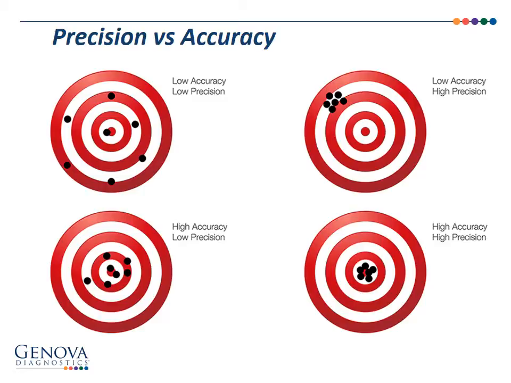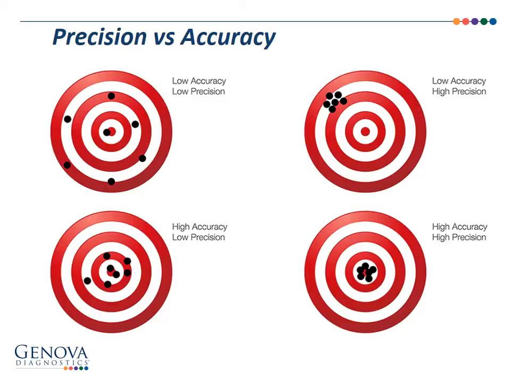But it's important to understand the difference between accuracy and precision because they mean very different things when you have a problem in one area but not the other. In the cases where you have low accuracy and low precision, like the top left dartboard, if you see this sort of pattern when you're validating a new test, obviously we want to see if there's a way to change the method or improve the procedure to get higher accuracy and higher precision.